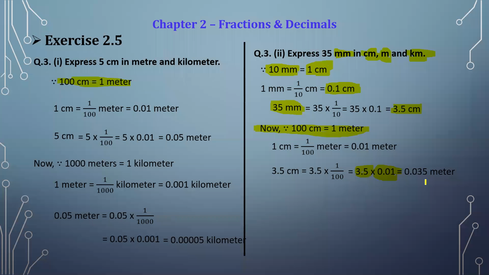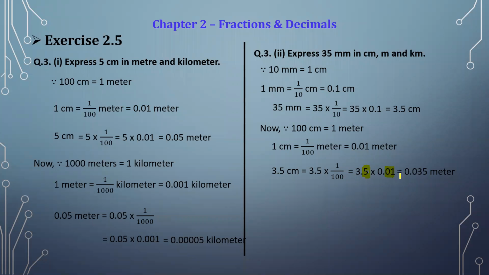Now we have to bring the decimal point back, because we removed it only temporarily. Count the number of digits after the decimal point in both numbers. In 3.5 only one digit is there, and in 0.01 two digits are there.